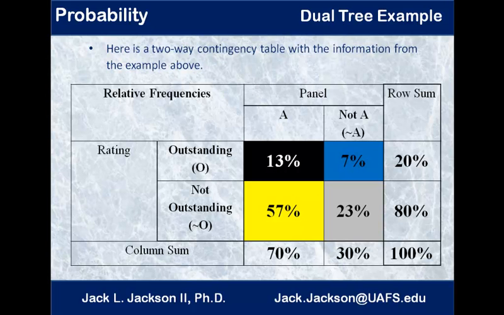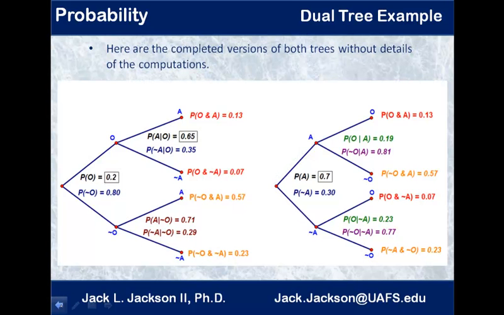So we can see these are 8 of the numbers that we had in the trees. What's not here is the conditional probability. So these 4 numbers in the middle here, 13%, 7%, 57%, and 23%, are the numbers at the end of the tree, the orange and red numbers, the intersection numbers.